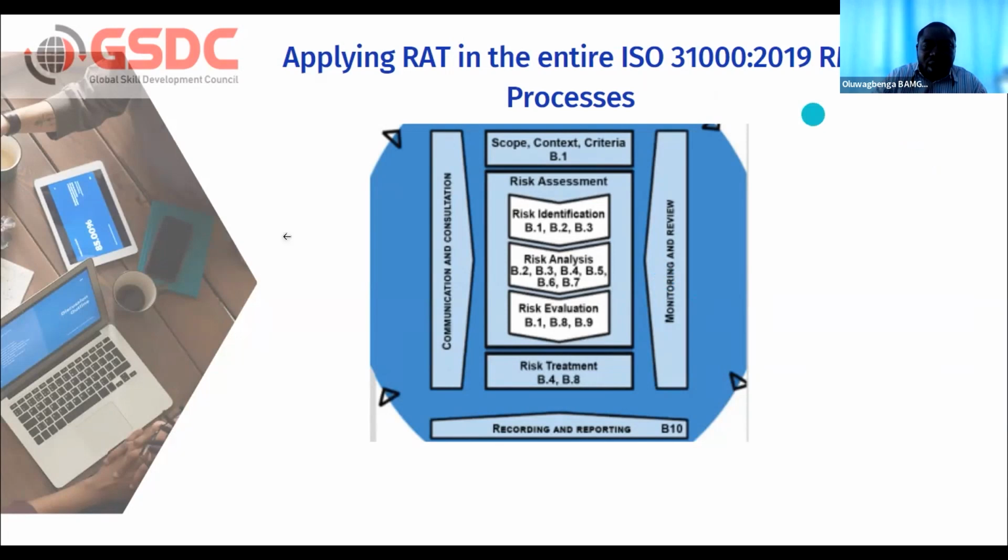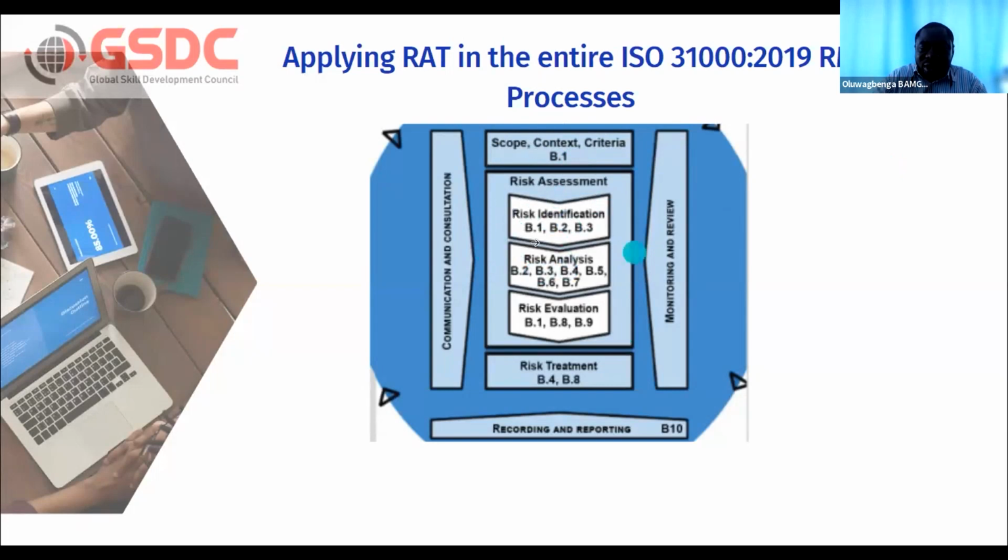Thank you. All right, so for application, we also need to look at how this affects the entire 31000 risk management process. When you're looking at the scope, context, and criteria, you use B1. We're going to see each of these numbers and how we get to use them. This is the entire risk management process according to 31010.